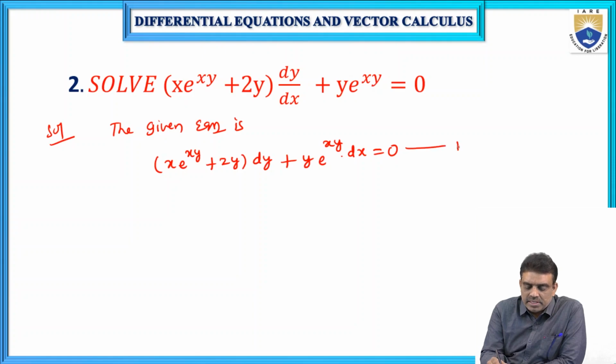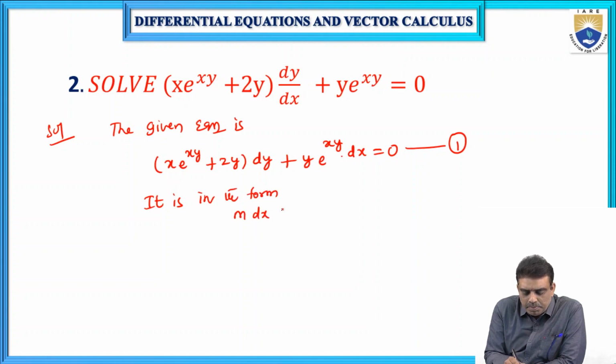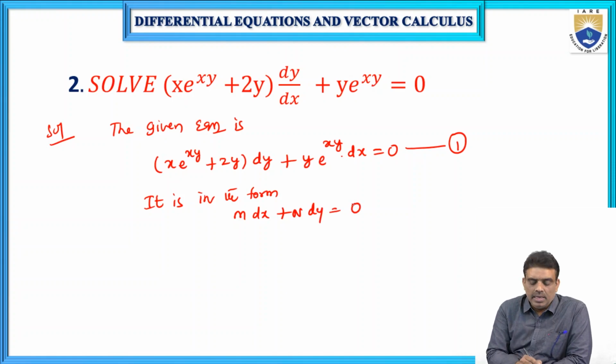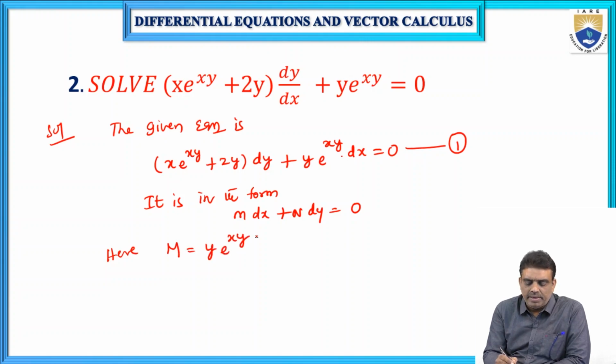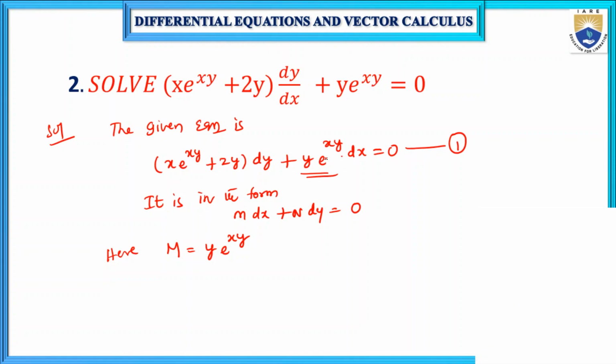So now the equation is in the form m dx plus n dy is equal to 0. Here m is equal to y into e power xy, because it is the dx coefficient.